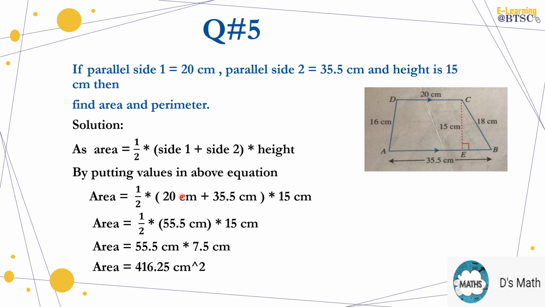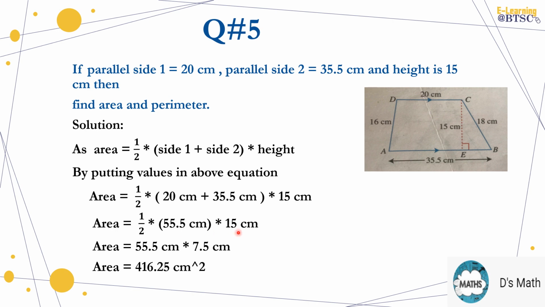Now what will I do? I will first solve the bracket. In bracket we have 20 centimeter plus 35.5 centimeter. Now I will add both the values. My answer will be 55.5 centimeter. I will multiply that with 15. Now I have the choice, either I simplify 55.5 with 2 or 15 with 2. So I have chosen 15 to be divided with 2.